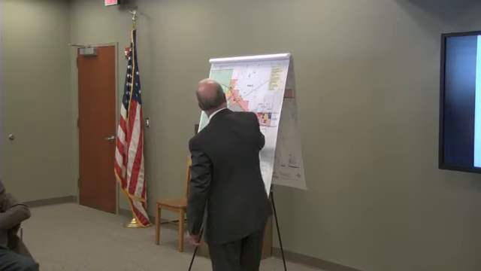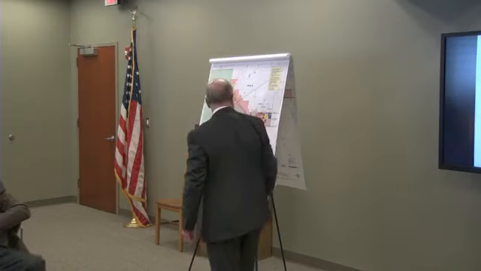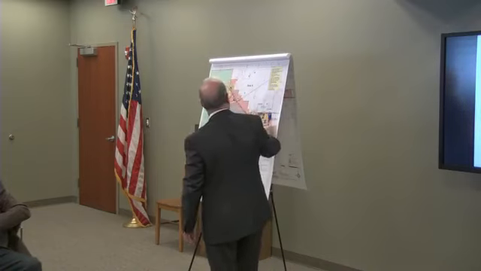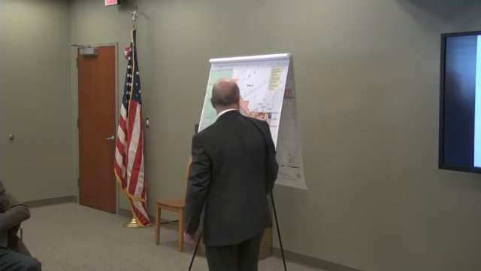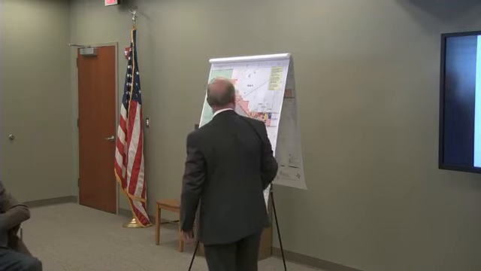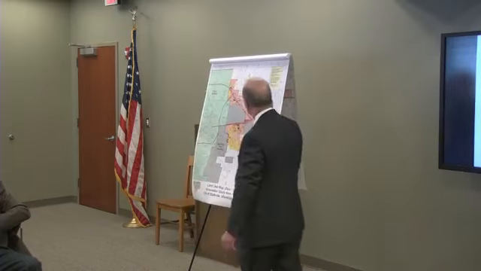The orange would be multifamily. You can see it would be multifamily here, a few right here. Commercial is in the red. You can see that along the highways, Highway 182, where you have most of the commercial. There's a little bit scattered off of that. Industrial would be in purple, and blue would be churches, public, semi-public type uses.